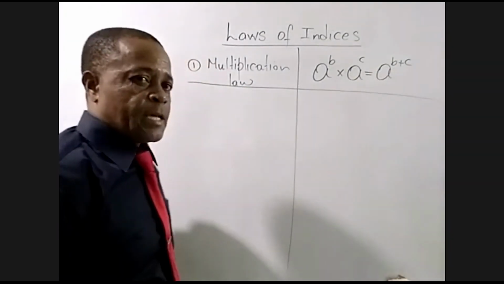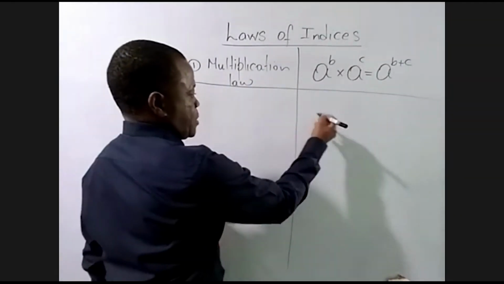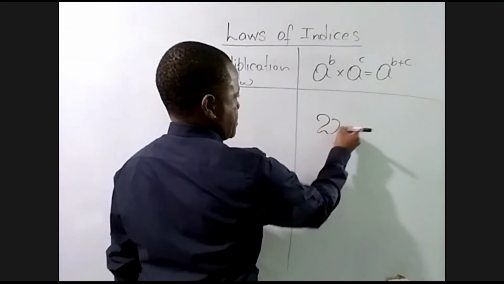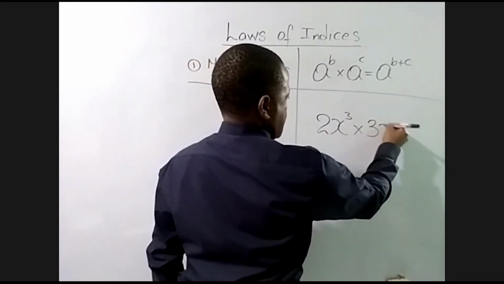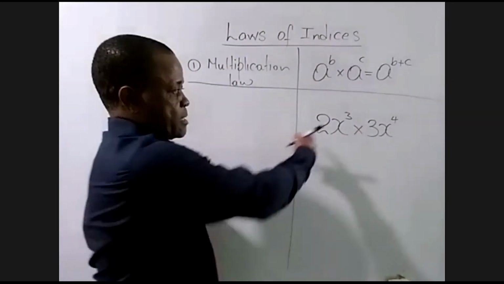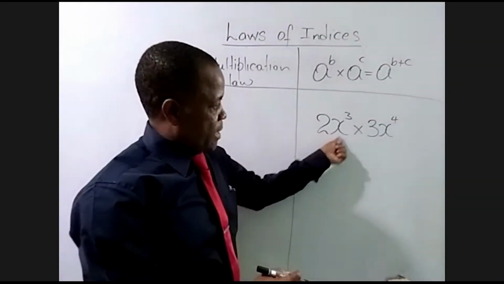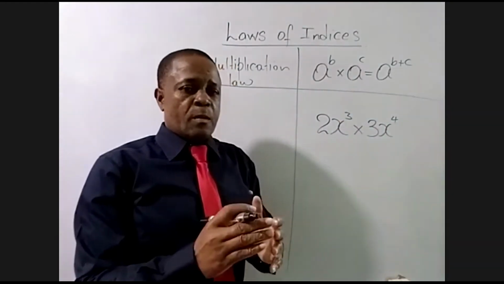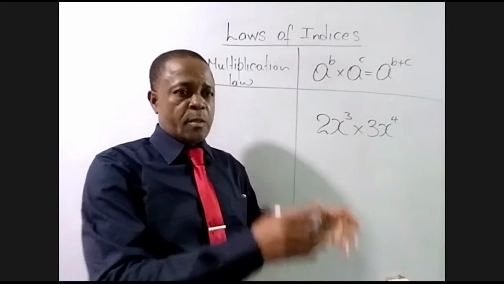Let's look at some examples quickly as it relates to the multiplication law. So we could say, if we have here 2x to the third times 3x to the fourth. All right, you're asked to simplify that expression. Now notice here that this is 2x cubed times 3x to the fourth. Now, one thing you need to remember here is that multiplication is commutative.